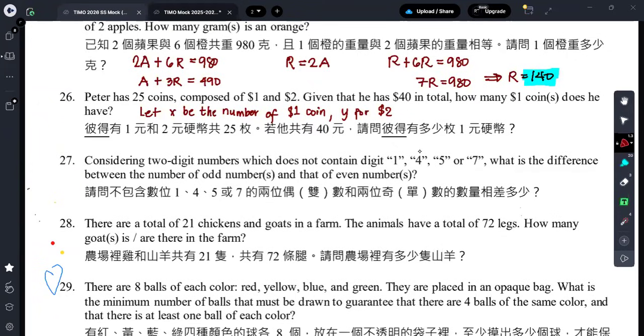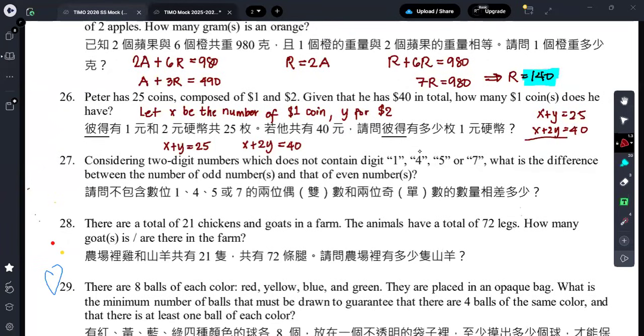Okay? Then from here, what will you do? You will have X plus Y is equal to 25 and X plus 2Y is equal to 40.